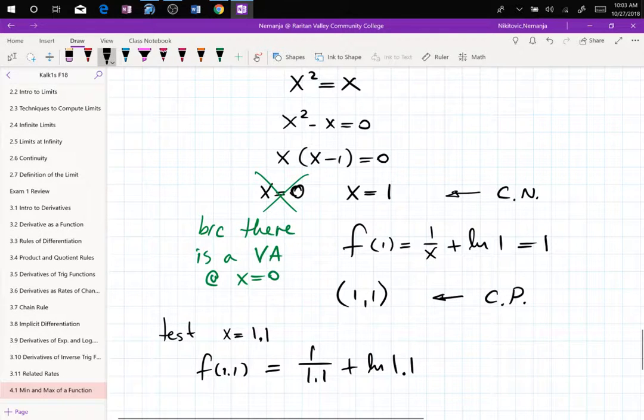We are testing this because it's going to give us a y value that will be bigger or smaller than the 1 that we have at the critical point. So I'm going to jump into the calculator here. 1 divided by 1.1 plus ln of 1.1, and the value is 1.0044.